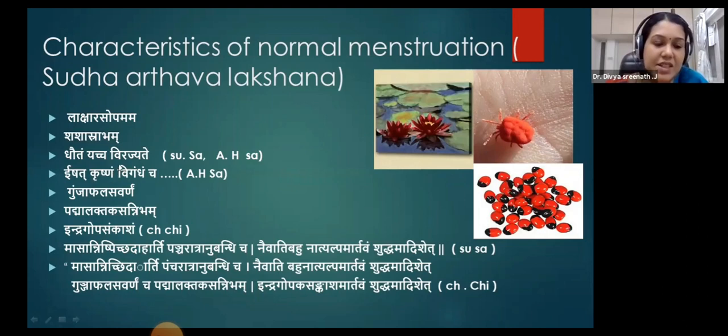And also ishat krishnam, a tint of brownish or blackish color will be there. Vigandham, without any putrefied smell, is mentioned. Vasaso na virajyate, it should not stain the cloth. If it stains, it is considered Artava Dushti, that is, abnormal.